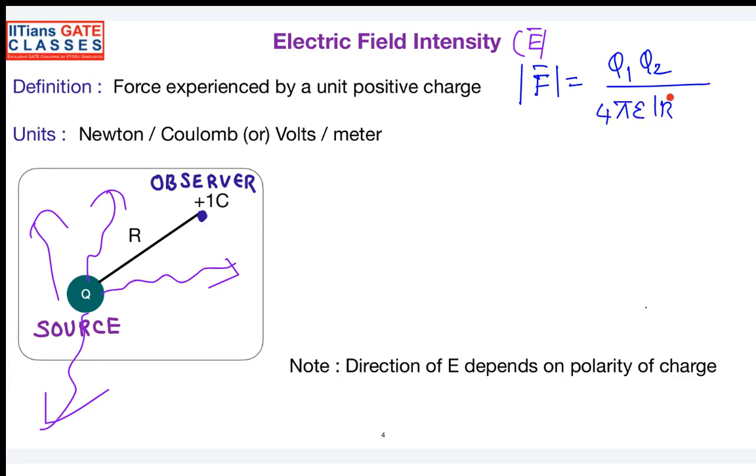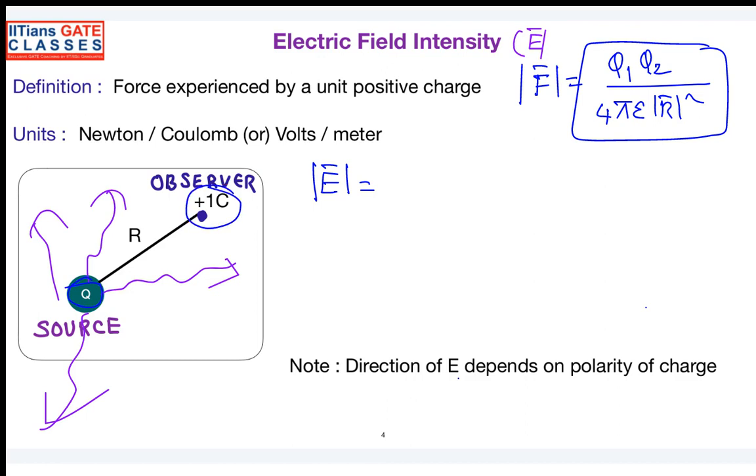As I said, wherever you want to find the electric field intensity, imagine that 1 Coulomb charge is existing. So this is same as Coulomb's law of force, where your Q1 will be the original charge and Q2 will be 1 Coulomb. So what will happen in that case? Q divided by 4 pi epsilon r square. So this gives the magnitude of the electric field intensity.